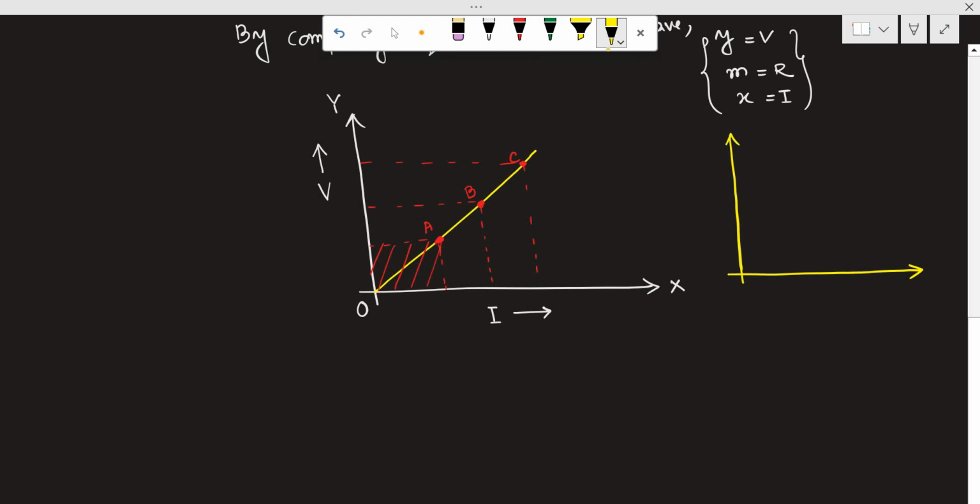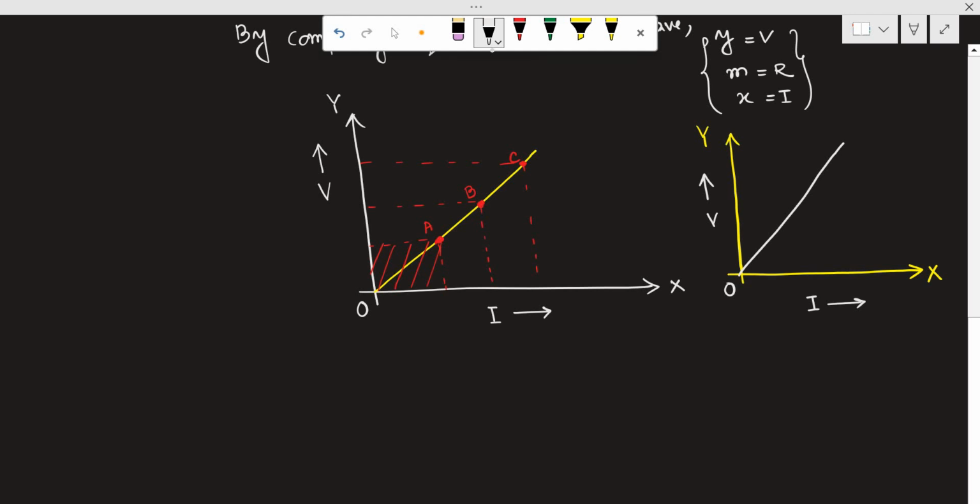This is the x axis, this is the y axis. You will plot V along the y axis. This is the origin and current along the x axis. And we will get a straight line which is passing through the origin like this way.